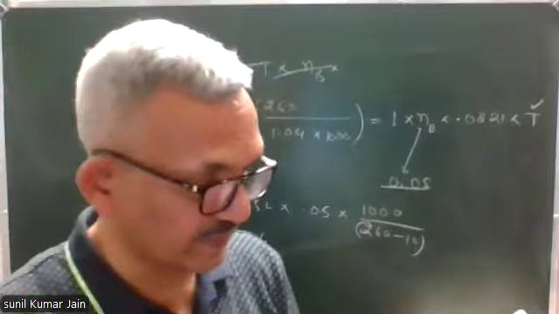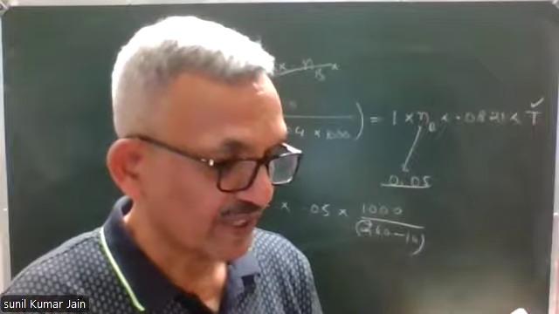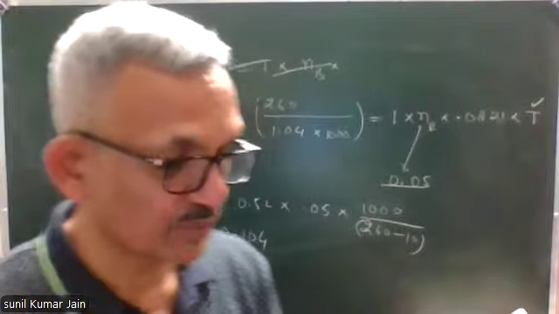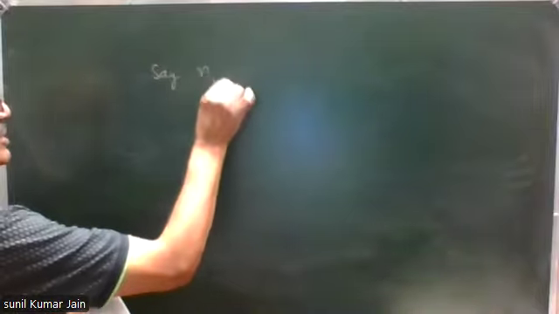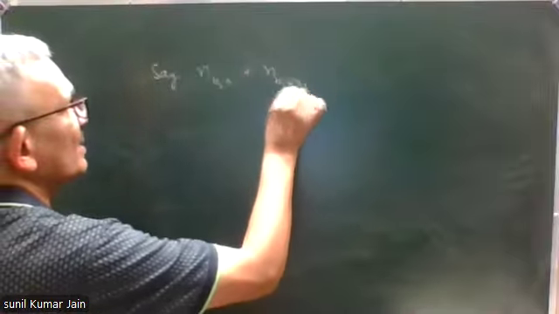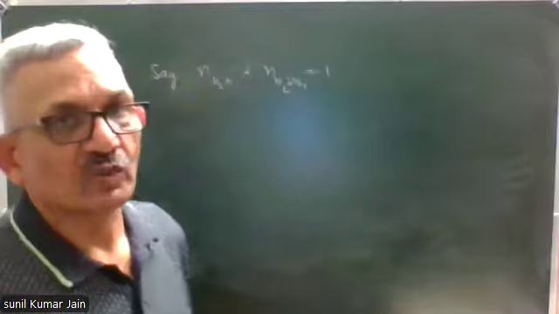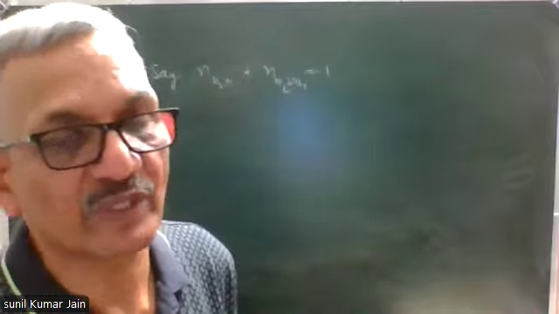Fifth numerical. Calculate molality of an aqueous solution of sulfuric acid in which mole fraction of sulfuric acid is 0.143. Say number of moles of water plus number of moles of sulfuric acid is 1. You can assume x, you can assume 10, you can assume 20, any value you can assume.